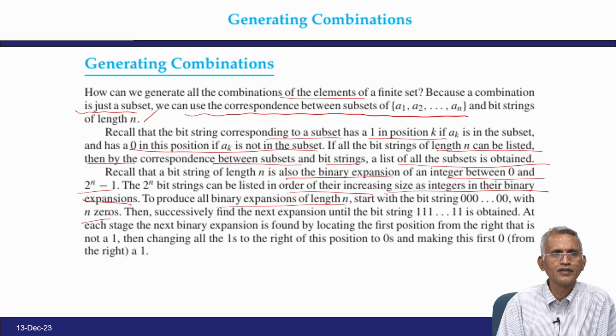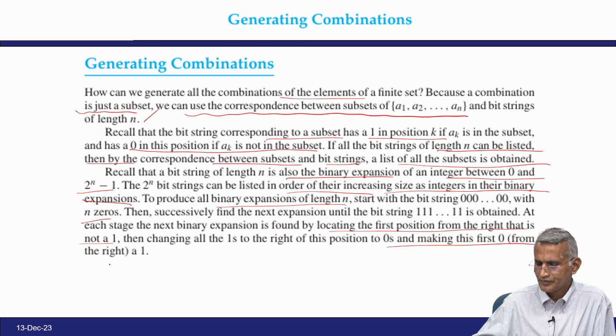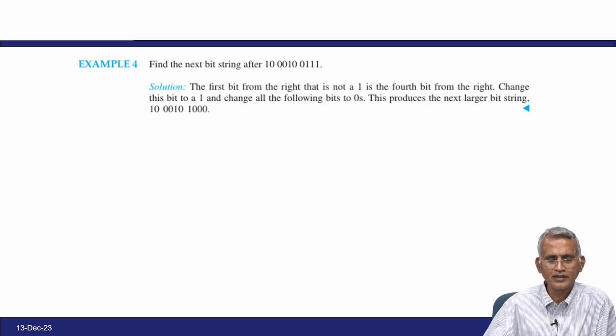At each stage, the next binary expansion is found by locating the first position from the right that is not a 1, then changing all the 1s to the right of this position to zeros and making this first 0 from the right a 1. For example, find the next bit string after 10 00 10 01 11.